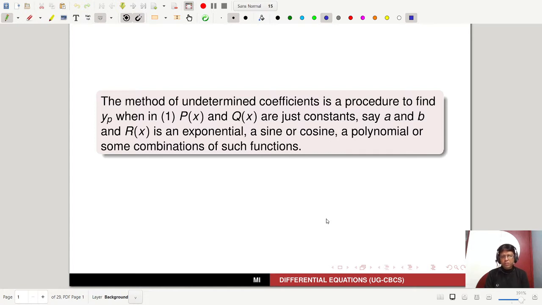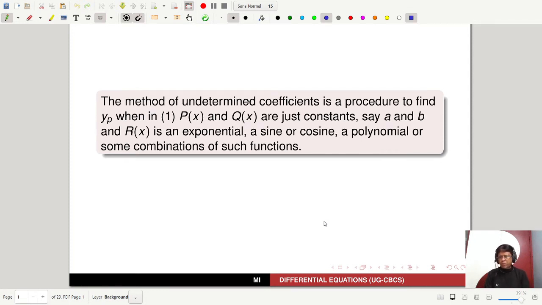So r(x) can be an exponential, a sine function, a cosine function, a polynomial, or a combination such as a polynomial with sine, or an exponential with sine or cosine. So that is the method of undetermined coefficients.